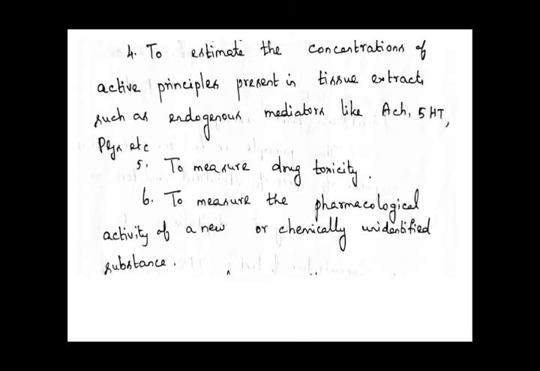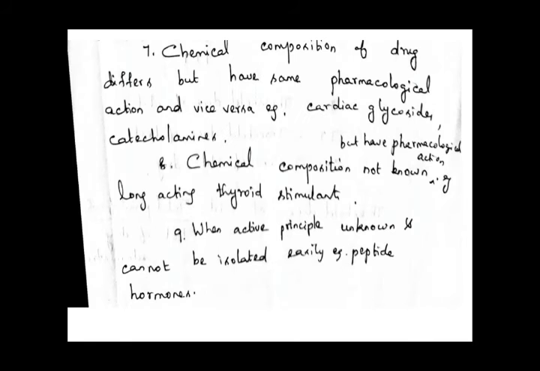Then for finding the concentration of active principle present in endogenous mediators like acetylcholine, 5-HT, to find out the drug toxicity, to measure the pharmacological activity of new substance. Then chemical composition differs, but pharmacological activity remains the same. Example, cardiac glycosides and catecholamine.